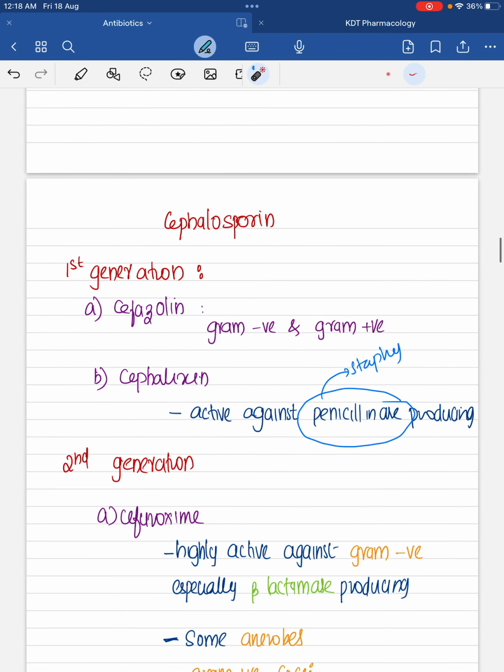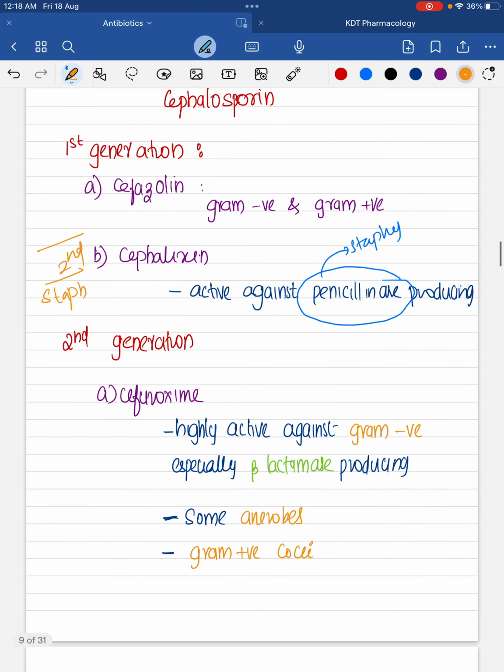So now you got the second drug for staph, that is cephalexin. This much clear.